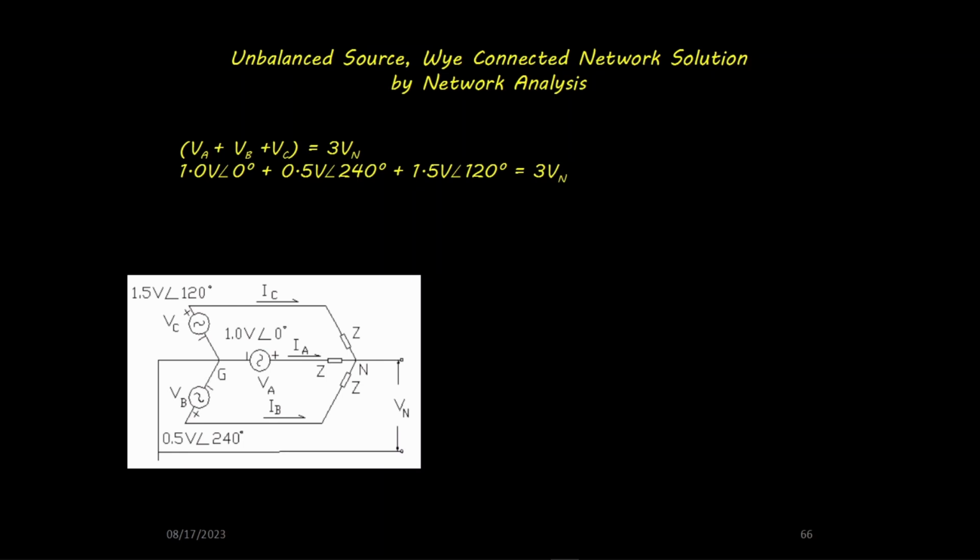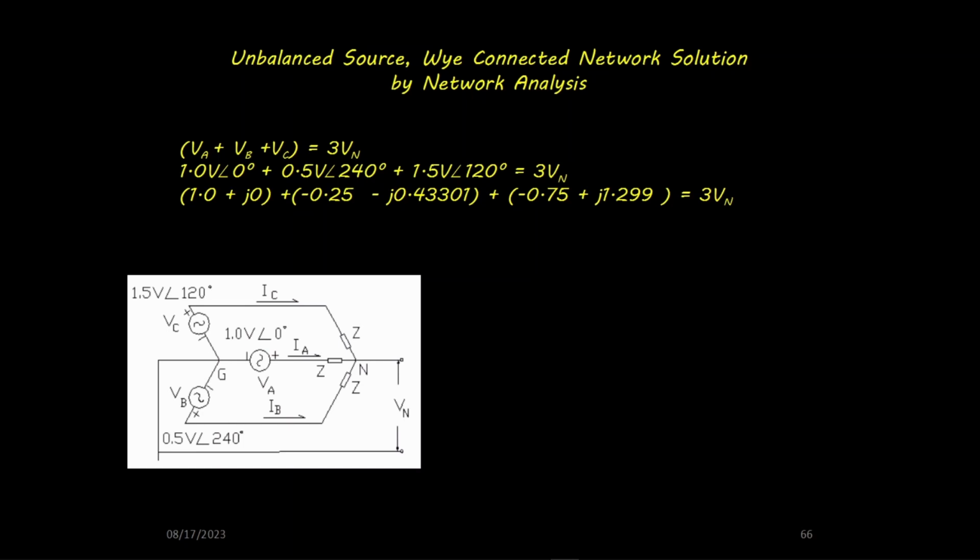Converting the phasors to rectangular form and solving for VN: 1.0 plus j0, plus minus 0.25 minus j0.43301, plus minus 0.75 plus j1.299, equals 3VN.